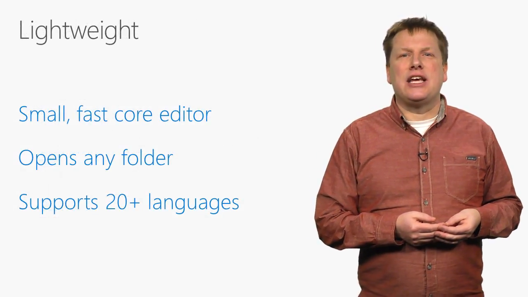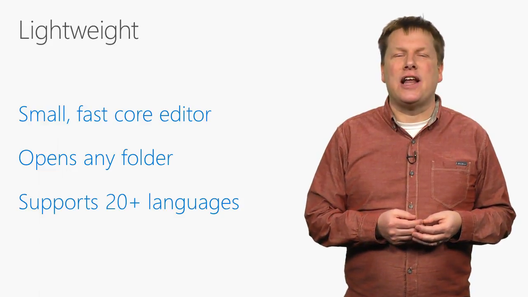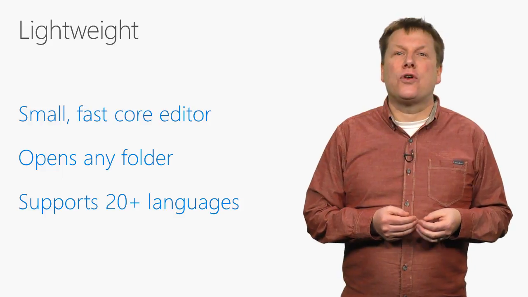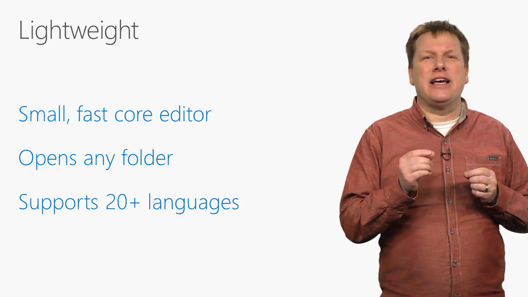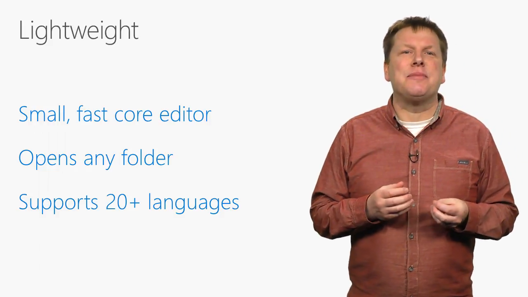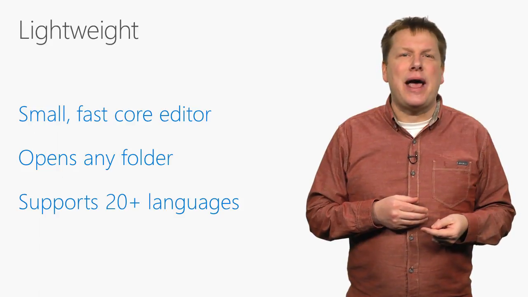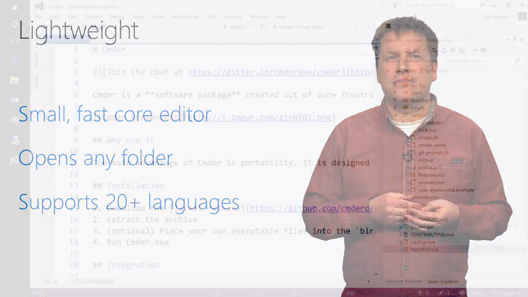The minimal installation of Visual Studio 2017 is 10 times smaller than in the last version. The foundation of the product is what is called the core editor. It's just a few hundred megabytes in size, but it contains the essential elements of the product that are common across languages, including syntax-aware coding, source code control, and work item management.